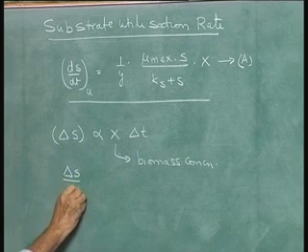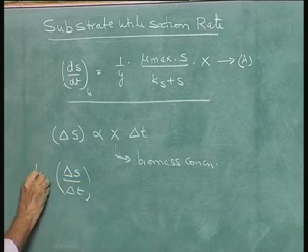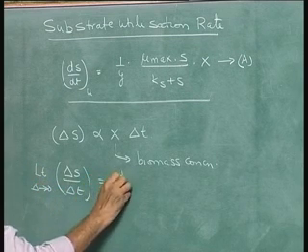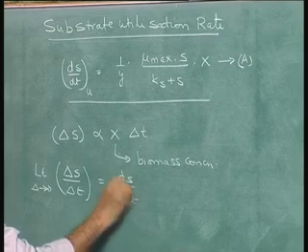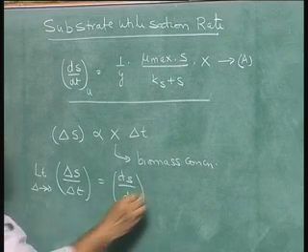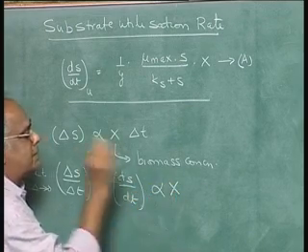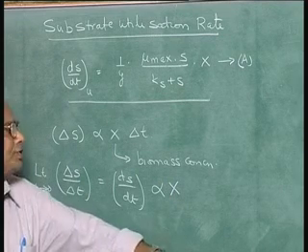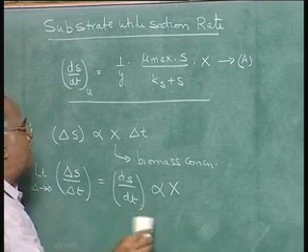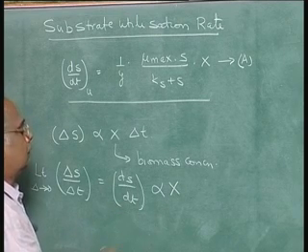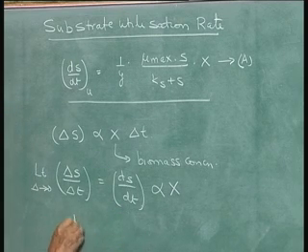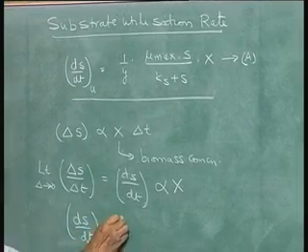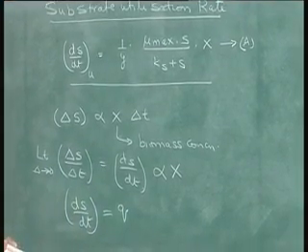If I put the limit delta t tending to 0, ds by dt is proportional to x. This proportionality I can change to ds by dt is equal to a term called q, I will put it as q into x.